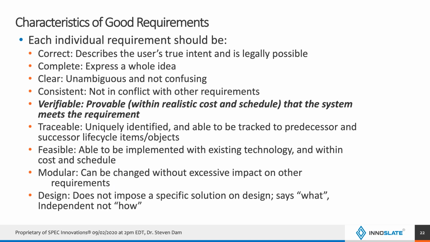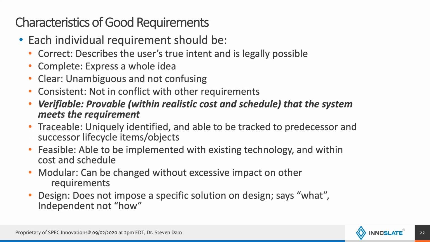Okay, so what are the characteristics of a good requirement? Each requirement needs to be correct. Is it legal? Complete: does it express the whole idea? Clear, unambiguous, consistent, not in conflict with other requirements. Verifiable: provable within realistic cost and schedule that the system must meet the requirement. Really important.